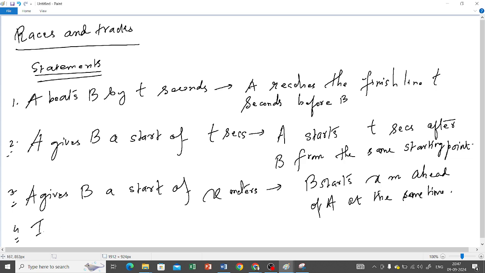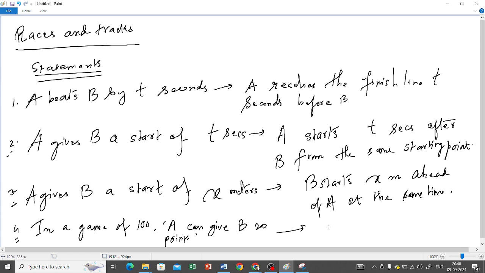Okay. If a statement is like this, in a game of 100, it means that whoever gets 100 points first wins the game. So in a game of 100, A can give B 20 points.